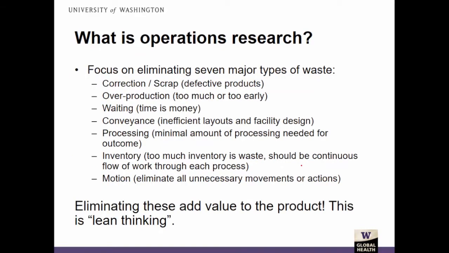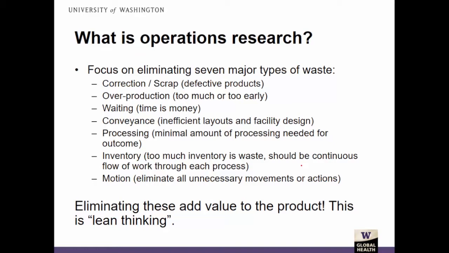So if we're talking about different types of waste, the Toyota Production System, which developed applied operations research and really rolled it out and revolutionized the car production and manufacturing process, mention 7 major types of waste, which are listed here on the slide.